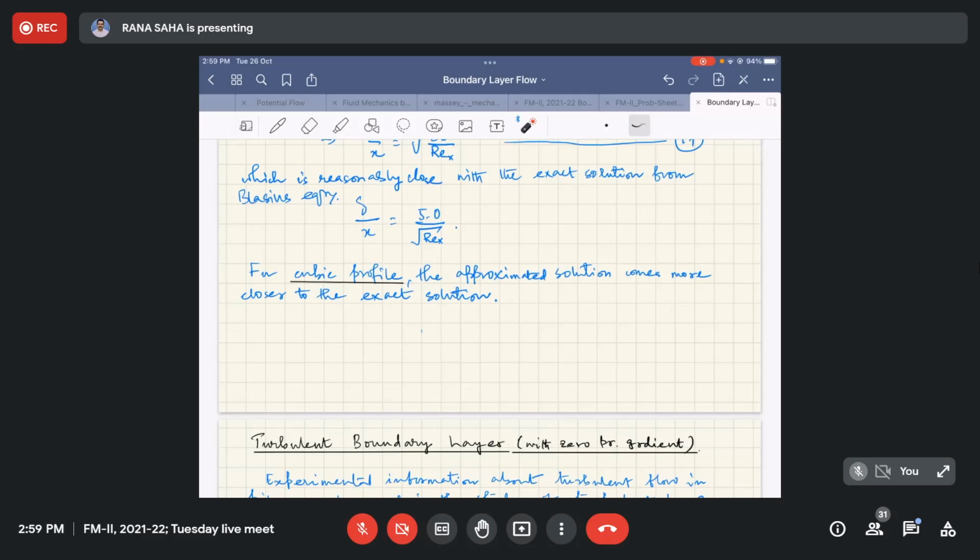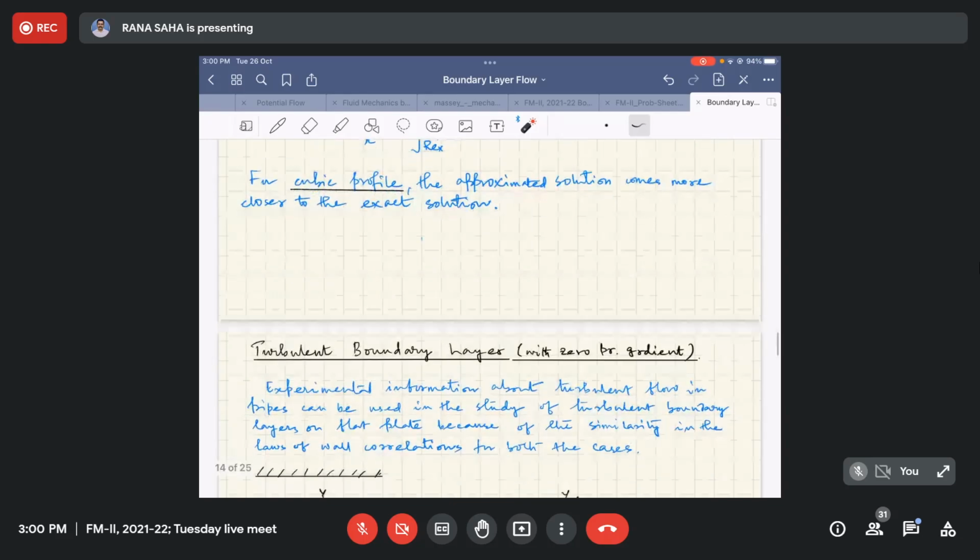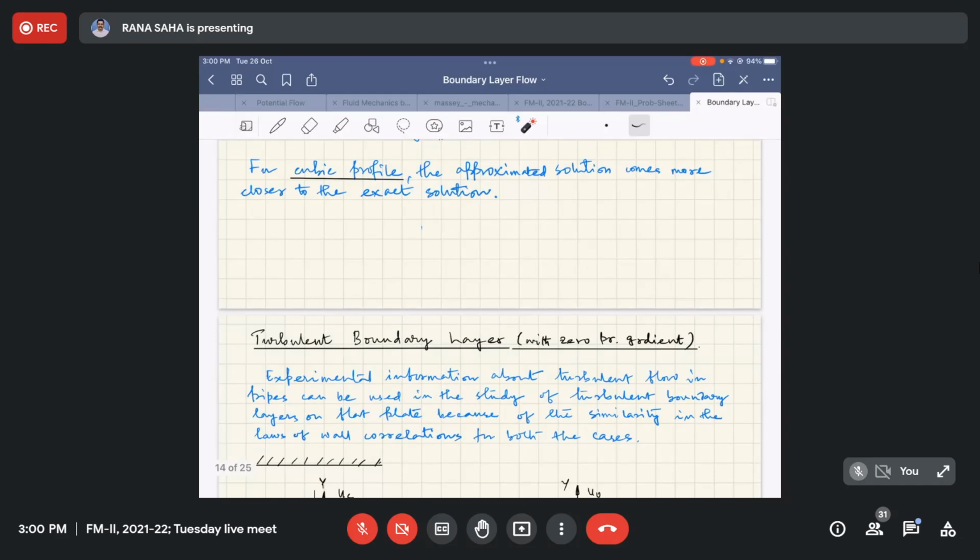And here in the approximated solution, if you increase the velocity profile from linear to higher order, one can observe it gradually comes closer to the exact solution. That is, from quadratic, if you do the exercise for cubic, you can compare.